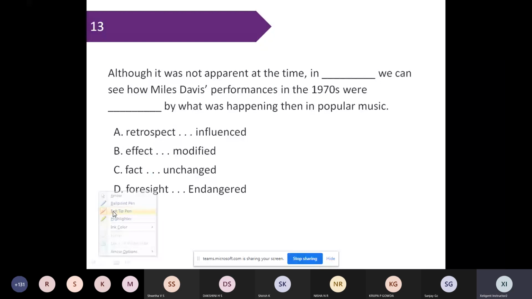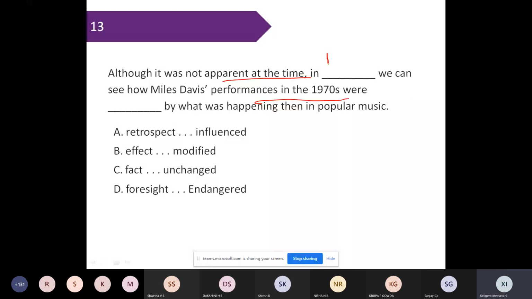In blank, we can see how Miles Davis performances in the 1970s were. So in the 1970s, at the time, it speaks about something back. The sentence is referring to something back, so looking back, that's what it's like, throwback. Okay, so the correct answer is in throwback. You can have the keyword to be throwback.